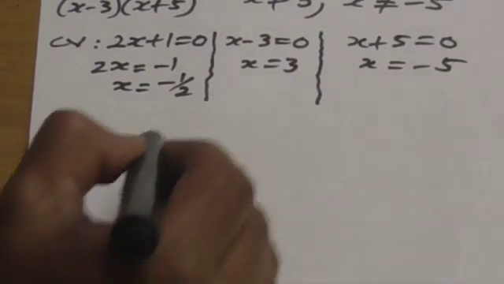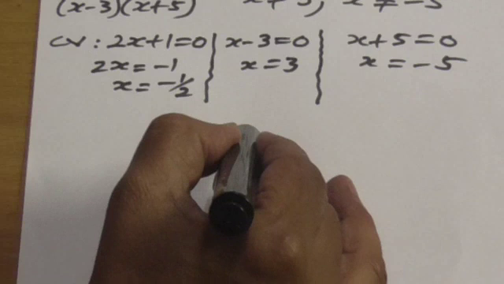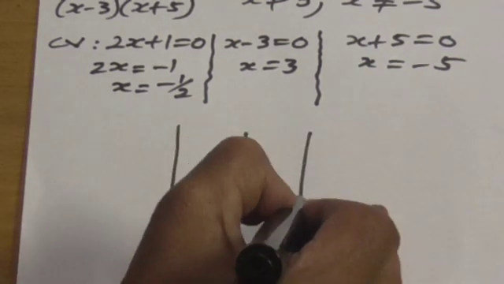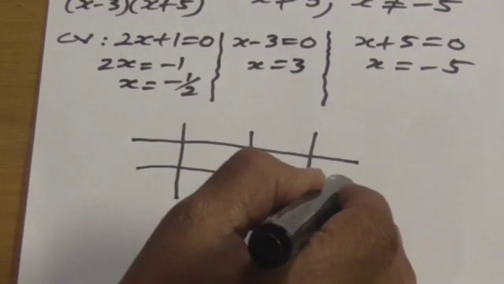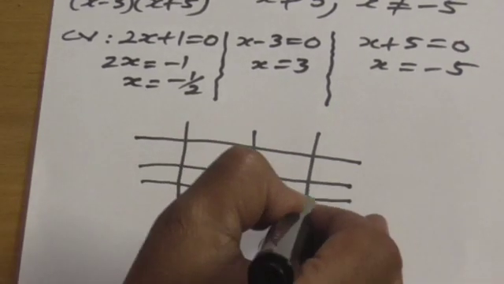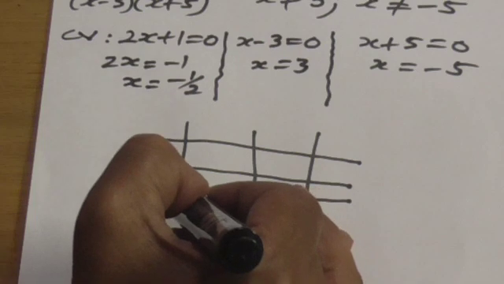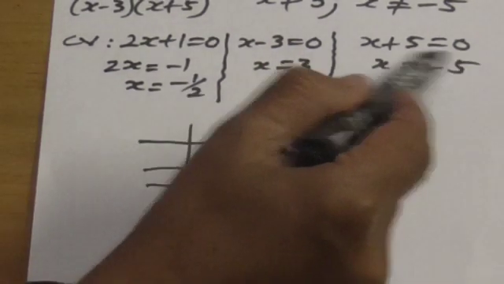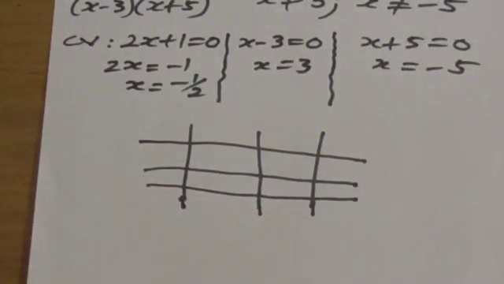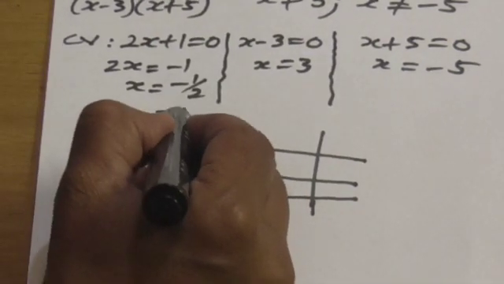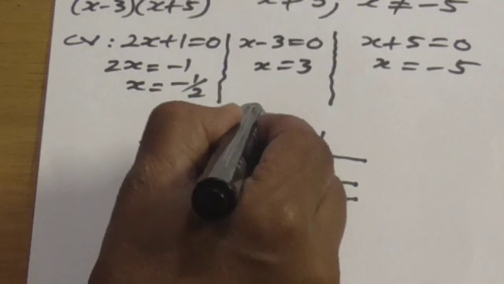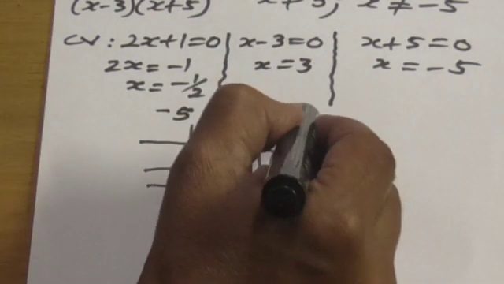Now we have 3 numbers. Therefore, we will draw 3 vertical lines and 3 horizontal lines. Now fit those numbers on this according to the number line. According to the number line, minus 5 will come here, negative half will come here, and 3 will come here.